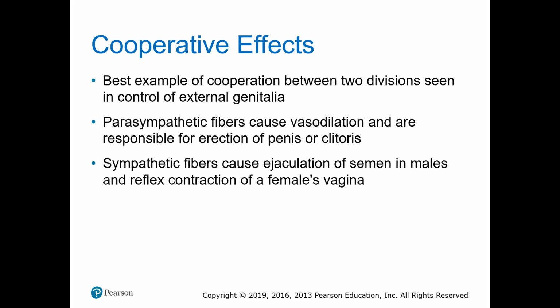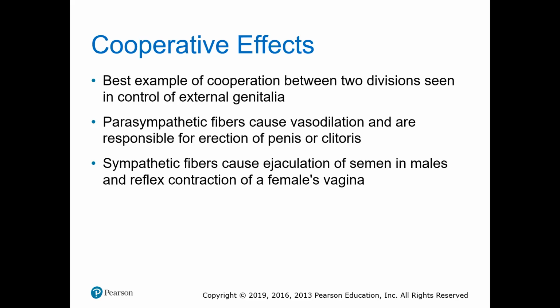The parasympathetic system increases blood flow to the penis and to the clitoris. The clitoris enlarges and becomes erect, just like the penis does. And this increased blood flow will occur as the male or female becomes more and more sexually aroused. The tactile stimulation of the penis or the clitoris will bring them to orgasm.